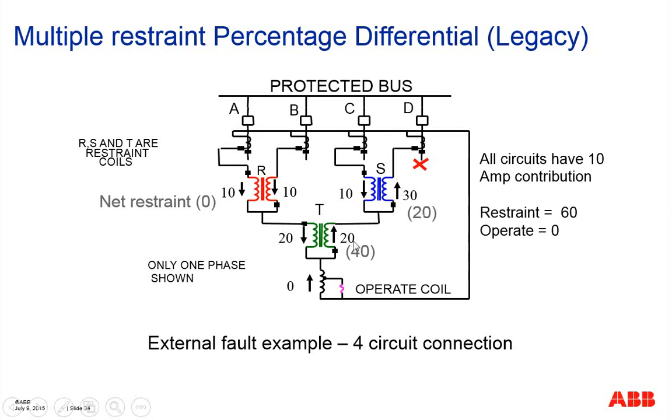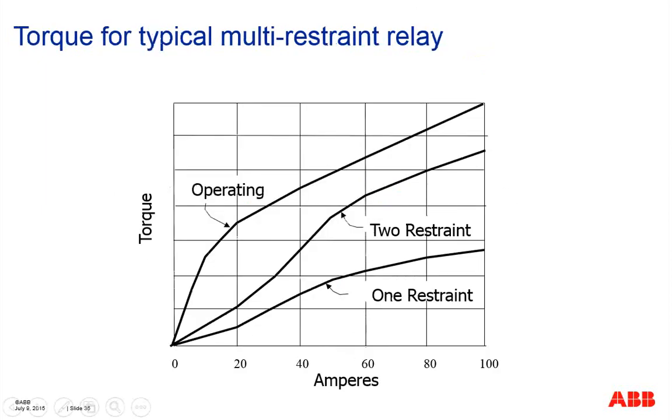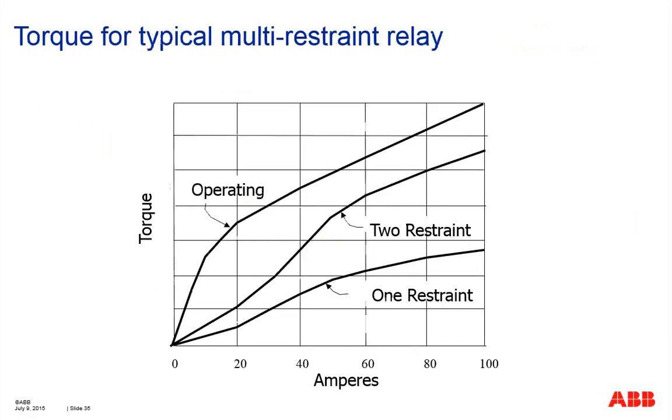So here you see you have 20 amp restraint, you have 40 amp. The total is 60 for external. For the internal fault right on the bus, you don't have any restraint. So for every restraint-enabled type of relay, you will have some type of curves like this. Of course, this type of relay is not a modern numerical type of relay.